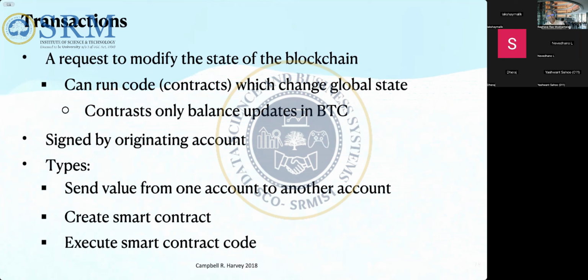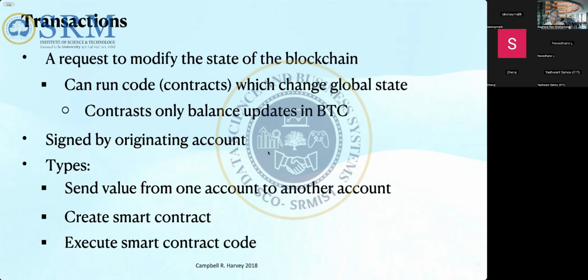So a request to modify the state of the blockchain. The transactions are the main pieces of action which actually invoke state transitions in the underlying model. They can run code, like the contracts which are written in suitable languages, and update balances.